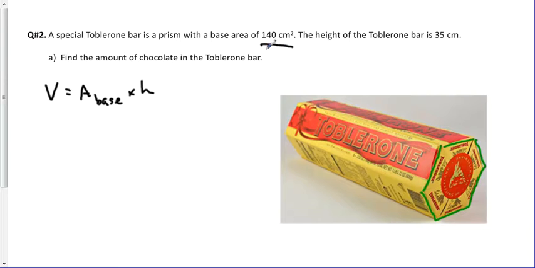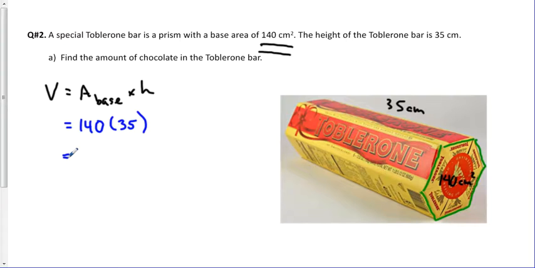And I've actually given us the area of that base. The area of the whole base here is 140 centimeters squared. It doesn't matter what shape it is. I've told you that's its area. And the height, connecting those two bases, is 35 centimeters. So we can very quickly figure out the volume of this Toblerone bar. The area of the base is 140 centimeters squared.